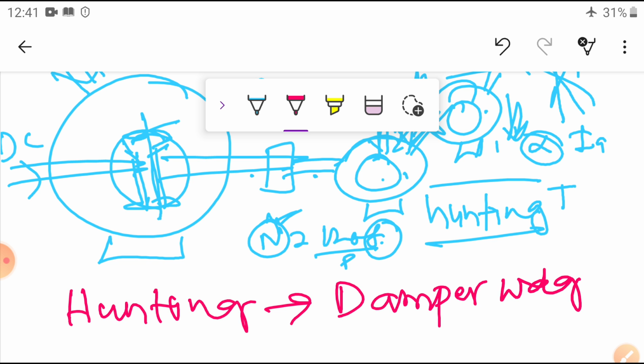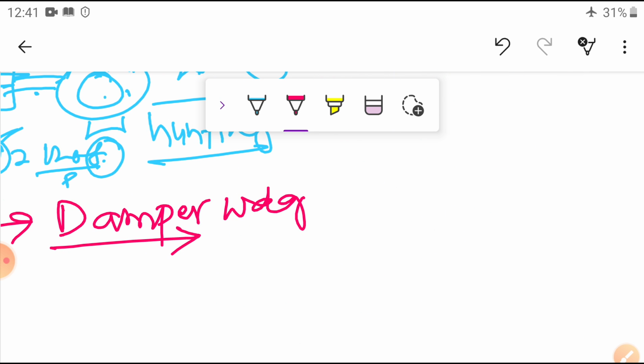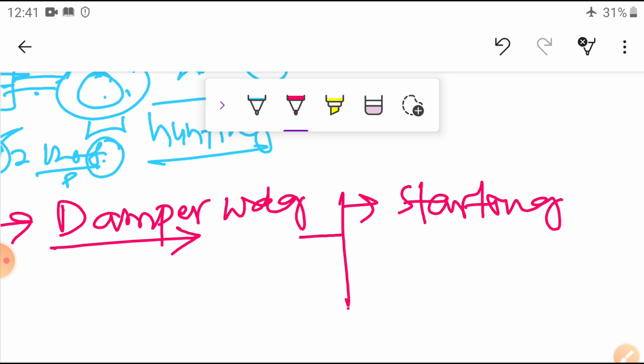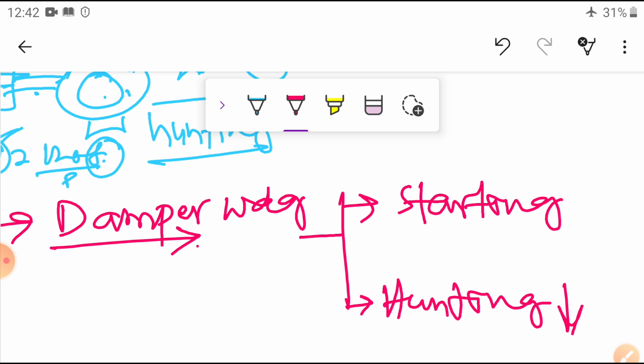Already we have seen the purpose of the damper windings. Damper windings can be used for two purposes. One is the starting purpose, and another is to nullify hunting.